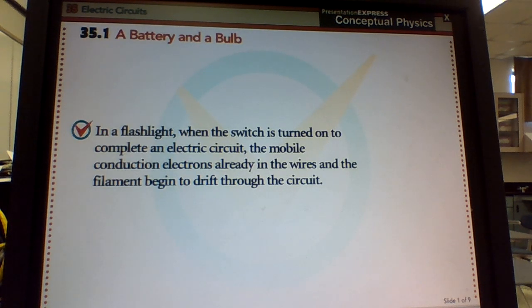So what we're going to look at for electric circuits, trying to break it down into the easiest thing we can think about when we think about a circuit, is a battery and a bulb. Essentially that computer board we just looked at runs on the exact same principles as a battery and a bulb. And as long as all of those same principles are met, it's going to work.